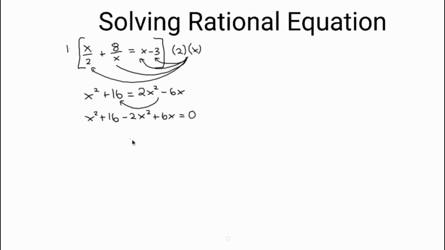Okay, now let's combine like terms. X squared minus 2x squared, that is negative x squared, followed by positive 6x and the constant term, which is 16, equals 0.